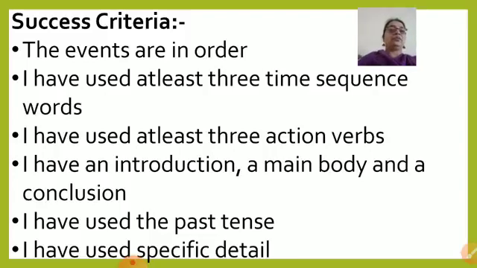Check if you have used at least 3 action verbs. See whether you have written an introduction, a main body and a conclusion. See whether you have used the past tense. And last, you have to check whether you have used the specific details. So this is the success criteria of writing a recount.